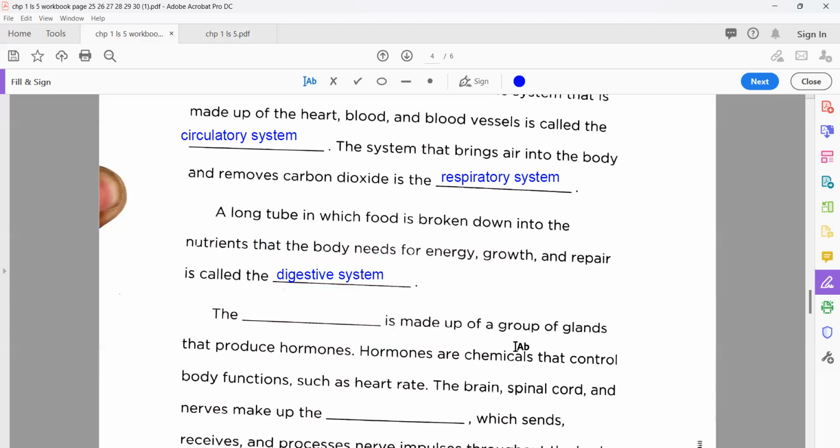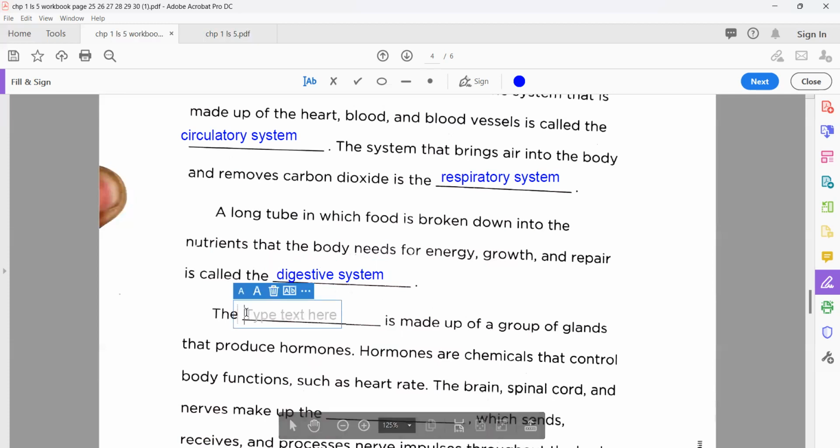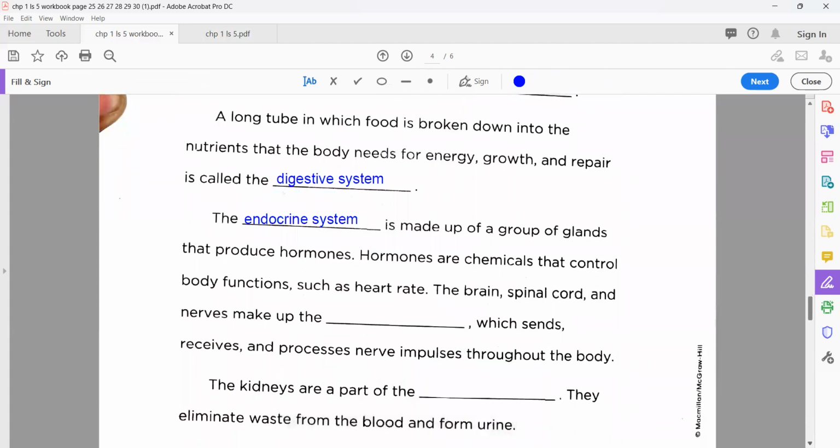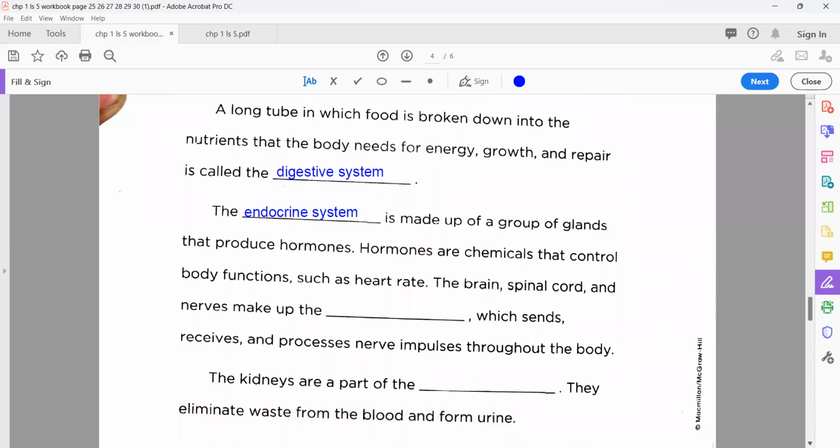The dash is made up of a group of glands that produce hormones. You know very well, that is your endocrine system. Okay. Hormones are chemicals that control body functions such as heart rate. The brain, spinal cord, and the nerves make up dash.